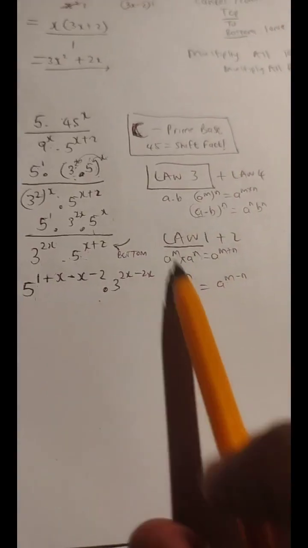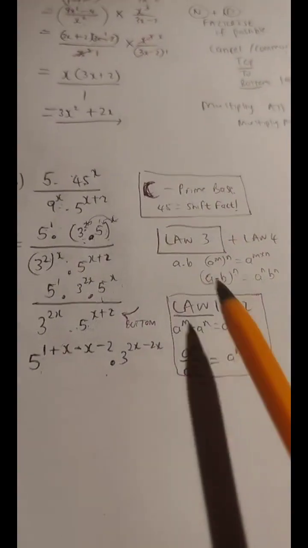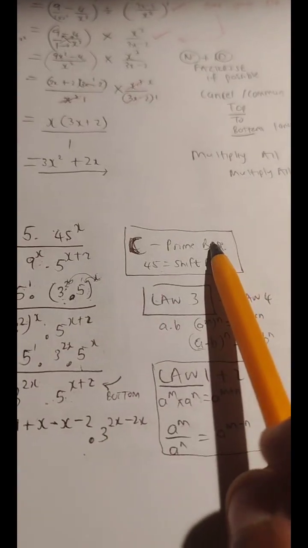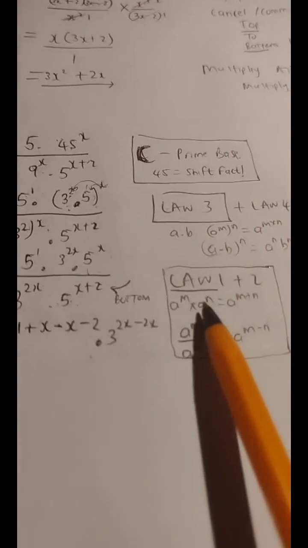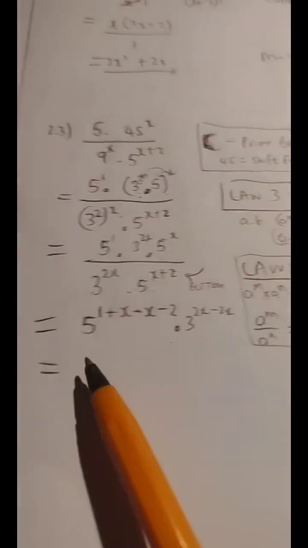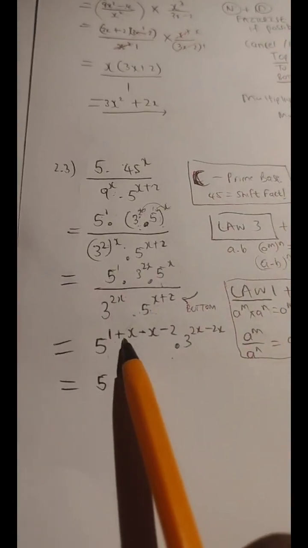All right, so we've applied laws 1 and 2 very successfully. So from composite to prime base, then to law number 3 and 4, then to law number 1 and 2, and then lastly the addition now of like terms of the exponents.